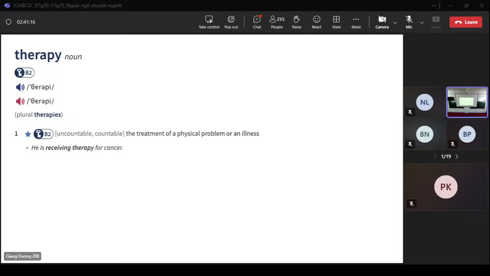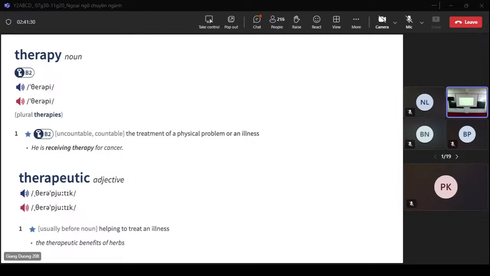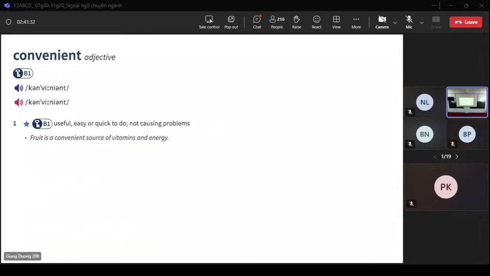Chữ chung sẽ là treatment. Và đối với ở Việt Nam á, thường mình những cái dùng lá gì đó thì mình dùng chữ remedy nhiều hơn. Còn chữ treatment là mình dùng cho Tây y. Therapeutic. Okay. Convenient. Thuận lợi, thuận tiện ha.